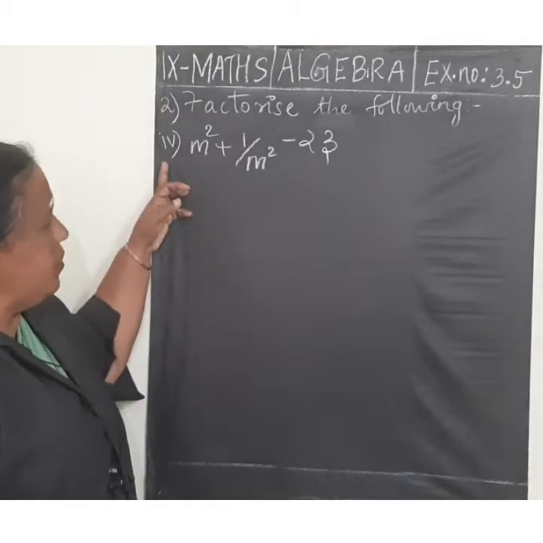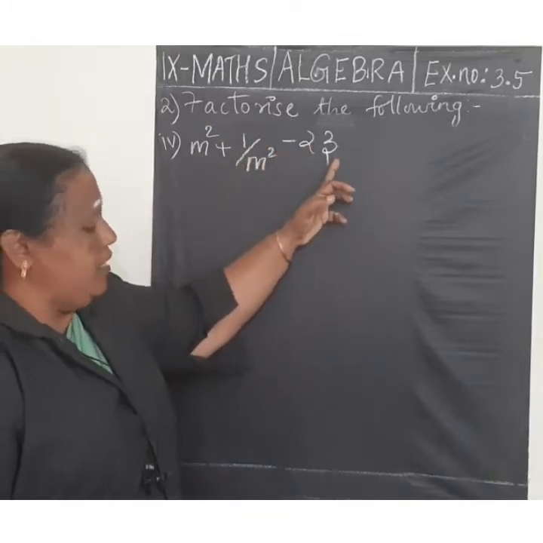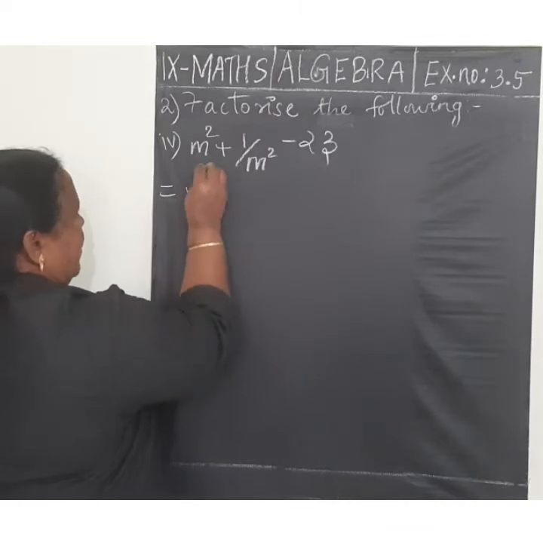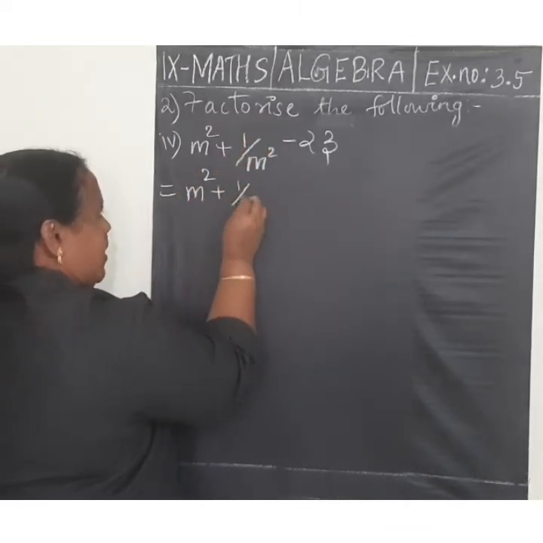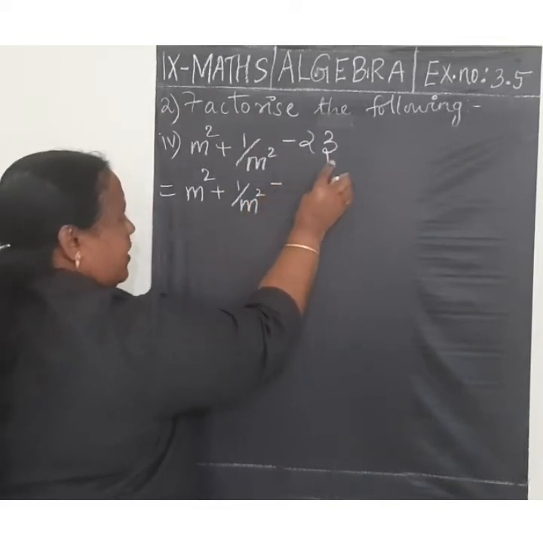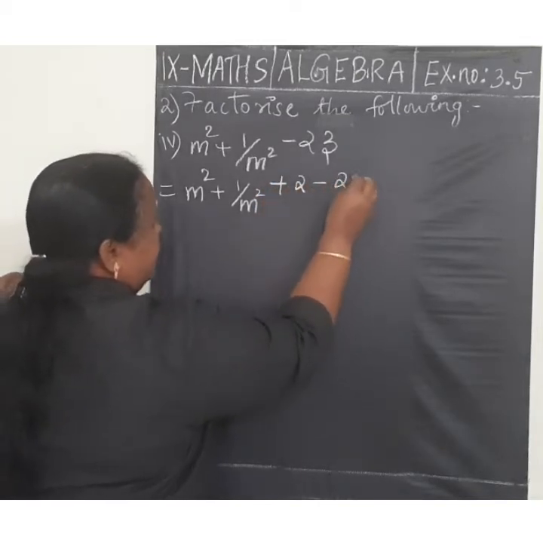Next, fourth subdivision: m squared plus 1 by m squared minus 23. Now this one equals m squared plus 1 by m squared minus 23. We can write it as plus 2 minus 25.